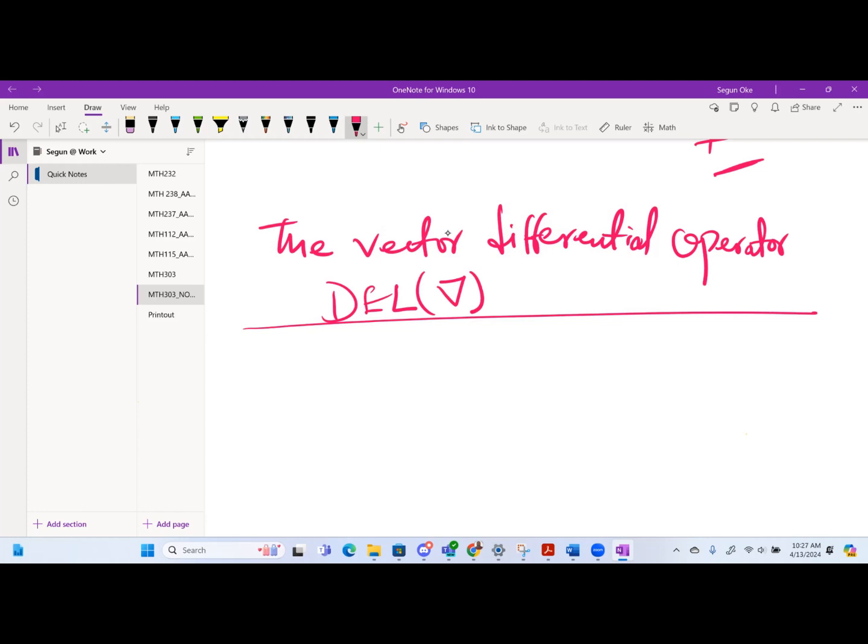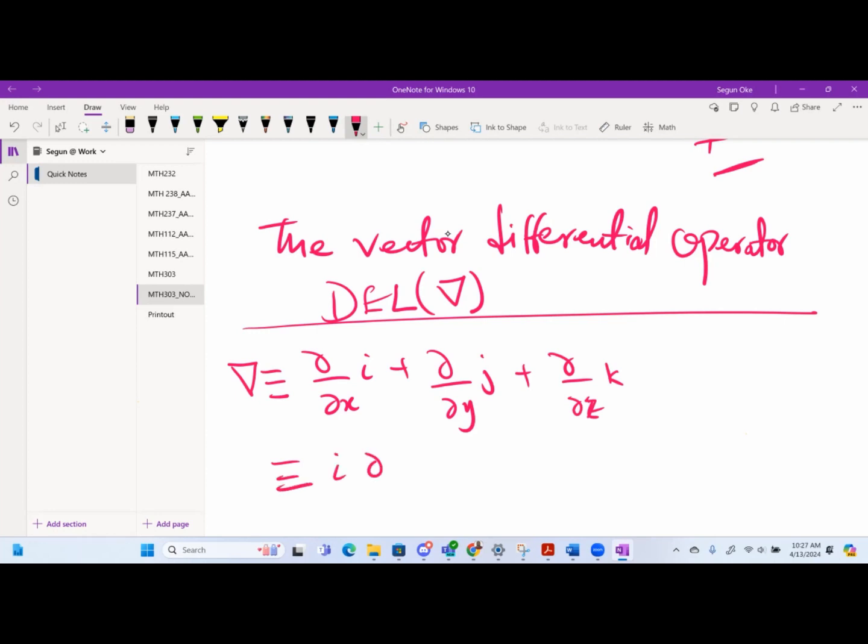And del is equivalent to d/dx of i plus d/dy of j plus d/dz of k, and is also equivalent to i d/dx plus j d/dy plus k d/dz.